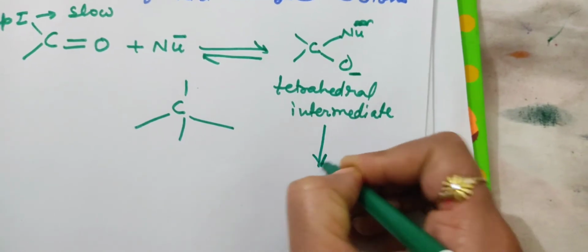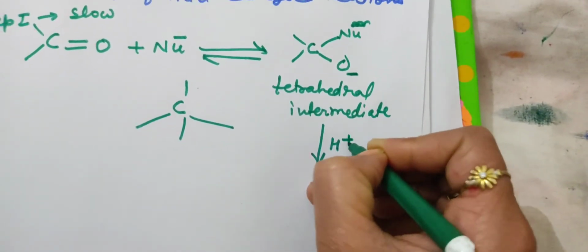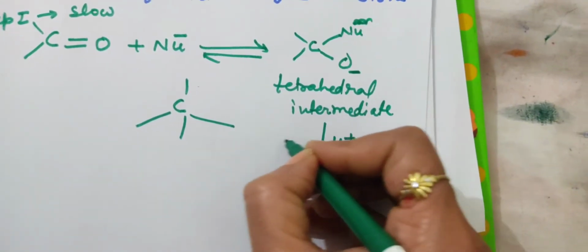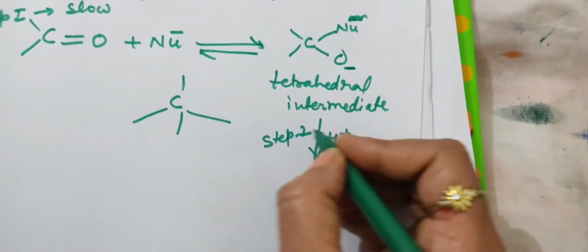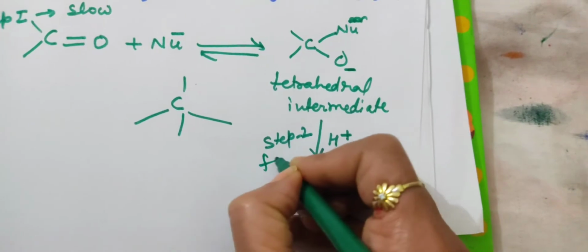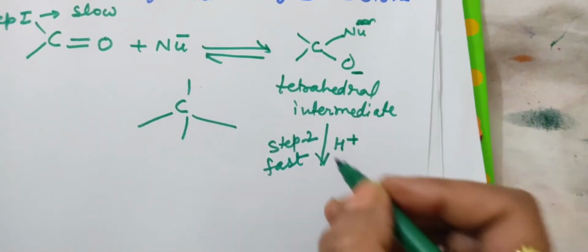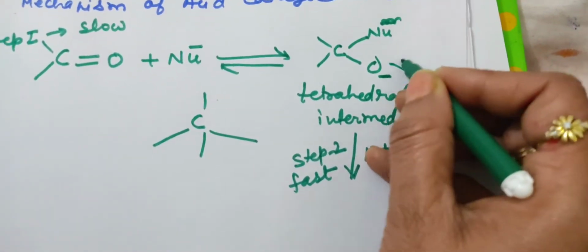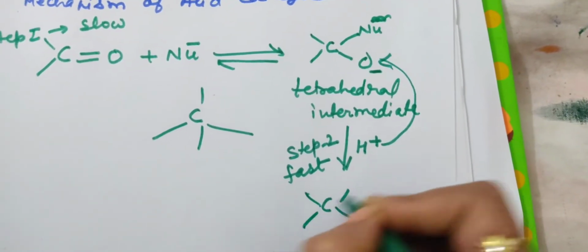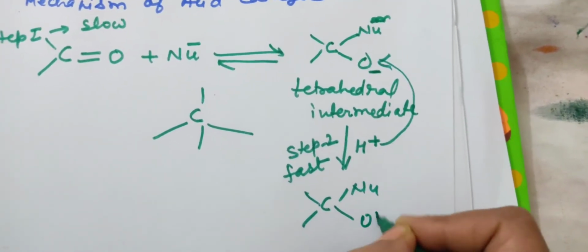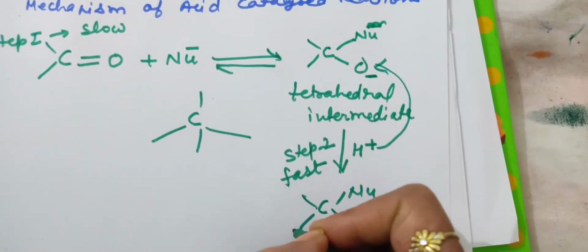Now you can do the reaction with an acid. This is step second, which is a fast step, in which H positive will attach with the O negative part, giving Nu, OH, and both sides open.